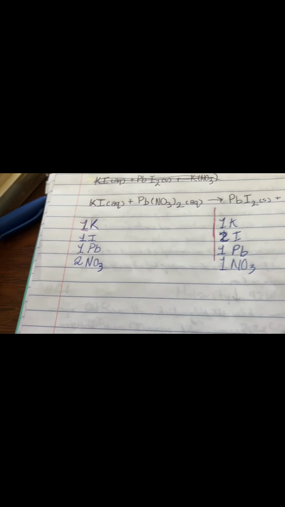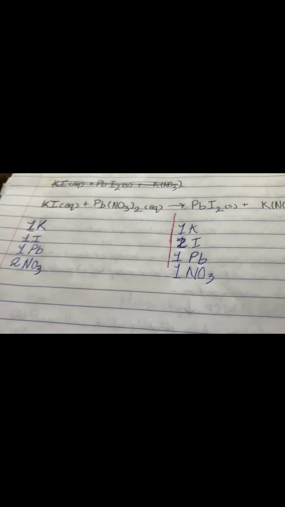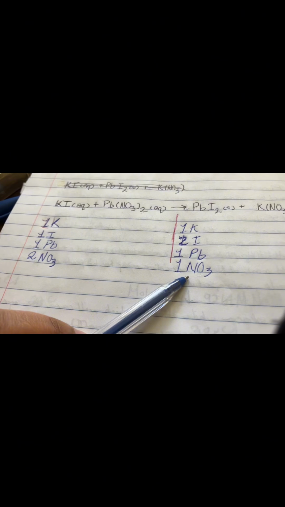So then we look. One potassium. Okay, it's good on both sides. Wait. It's always important to check your work. One iodine, two iodines. Okay, so something needs to happen here. Lead is fine, but for these two, there's two nitrates here and one nitrate over here. So something needs to happen as well.